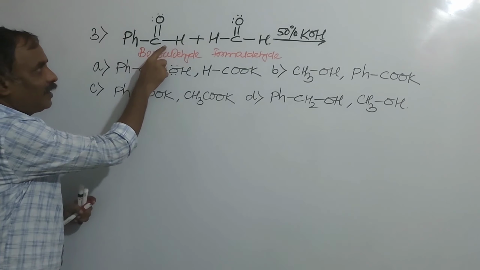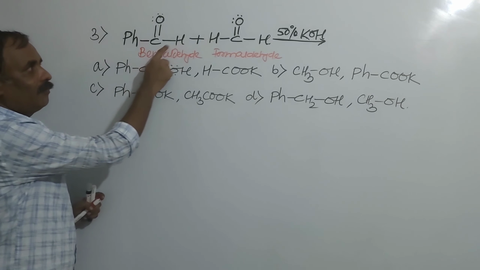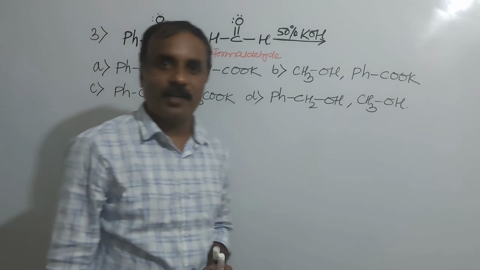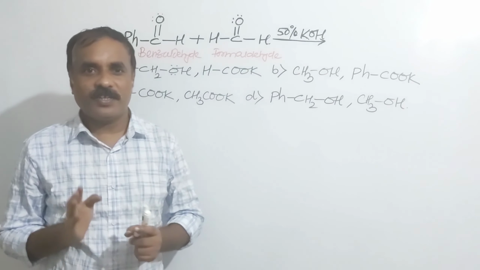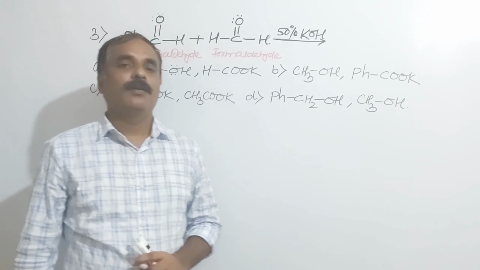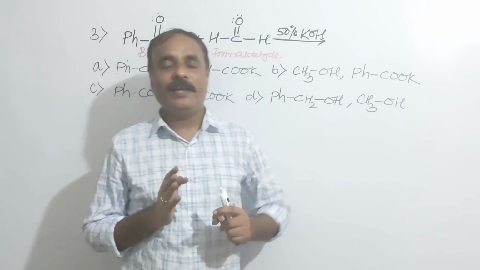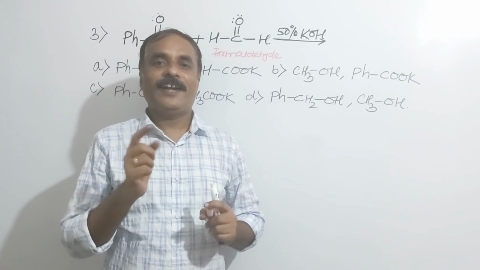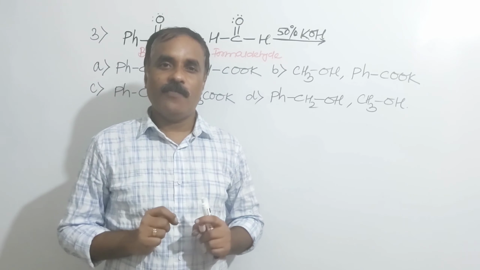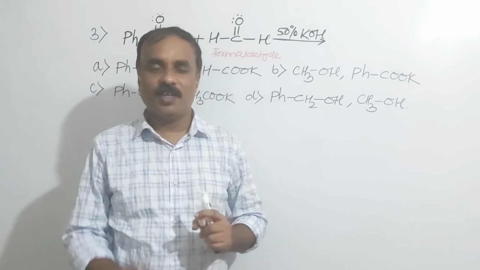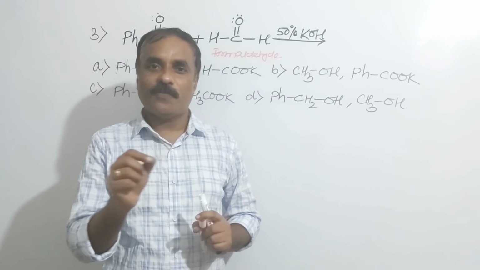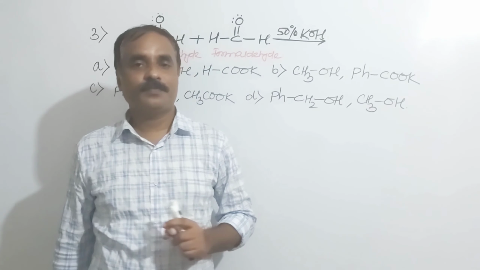Benzaldehyde has no alpha hydrogen atom, formaldehyde has no alpha hydrogen atom, and this is an example of the Cannizzaro reaction. In the Cannizzaro reaction, first there is attack of the nucleophile, then a hydride transfer mechanism, and finally proton exchange. This is the sequence of reactions in the Cannizzaro reaction.